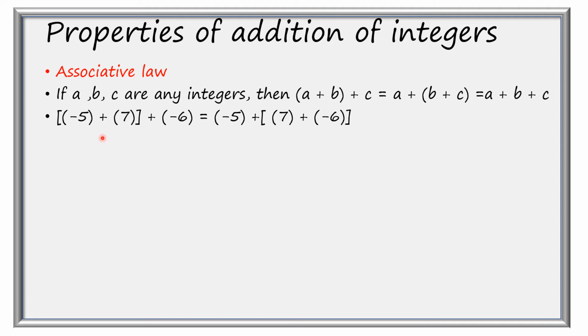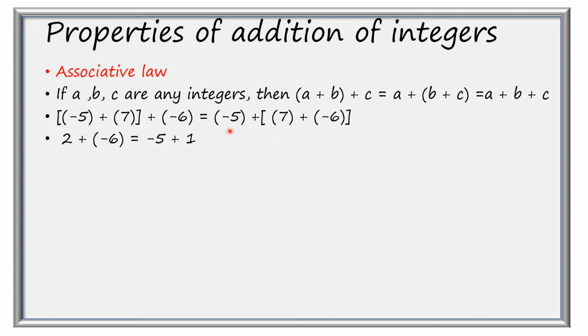Let us prove that. Here is the left hand side and here is the right hand side. We will do the calculation both ways simultaneously. Minus 5 plus 7. We add this because one is a negative integer and one is positive, so we subtract. Then we get 2. So here 2 plus minus 6.